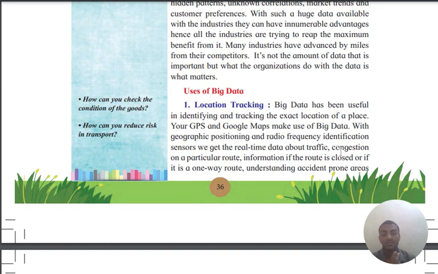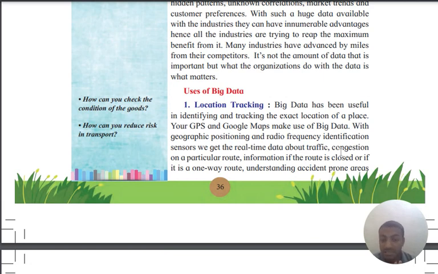Not only that, even if you see in the Google Map on your mobile phone, there will be an application. You will not only understand where to go and from which source to which destination, you will also see the real time traffic, right?